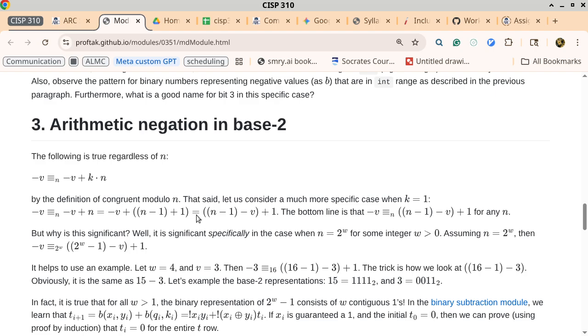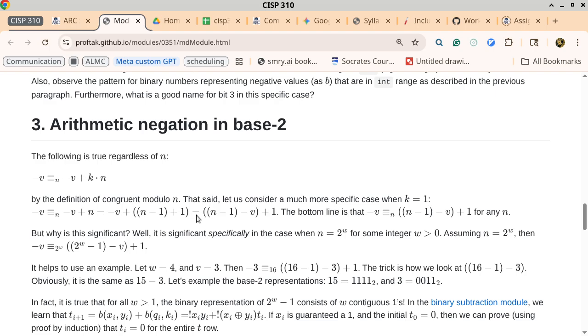It's called bitwise not, bitwise negation. Have you guys learned bitwise negation in CISP 360? No, no. I guess nobody learned that. It's called bitwise not. Bitwise not is the tilde symbol. So the tilde symbol on the keyboard is bitwise not.